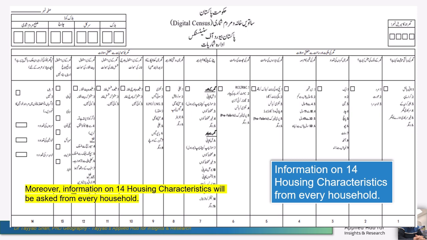The second is how many people are living in that household. That's the basic information, and then we go to more detailed information about each and every person in that household. So that is the overall data for each household and each person in Pakistan that we normally collect every 10 years, or in some countries every 5 years.